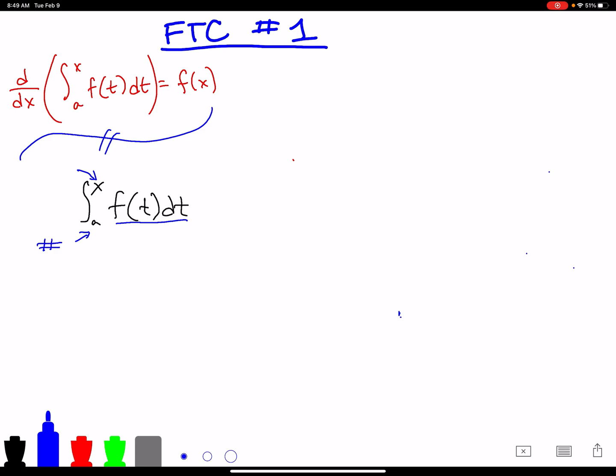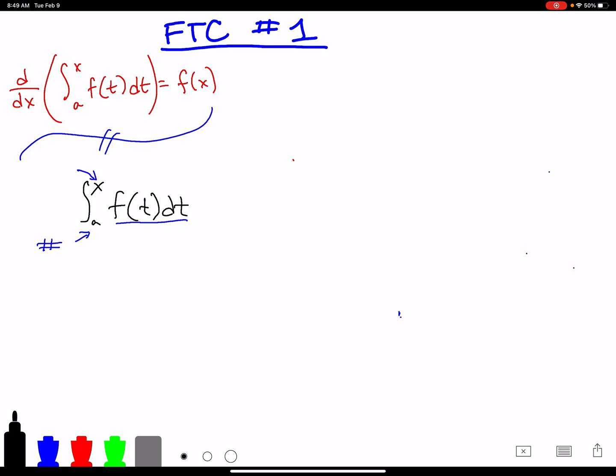Now let's go about solving this problem like we would normally. Based on our second fundamental theorem of calculus, we would find our antiderivative of f of t, and then plug in x, plug in a, and subtract the two.